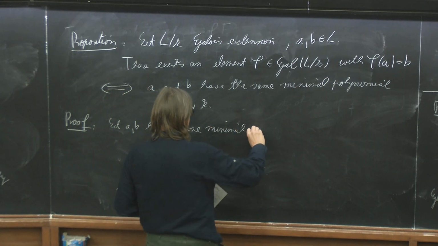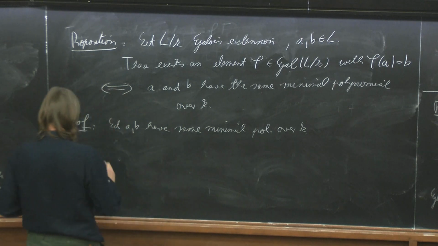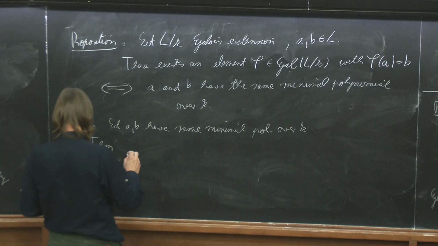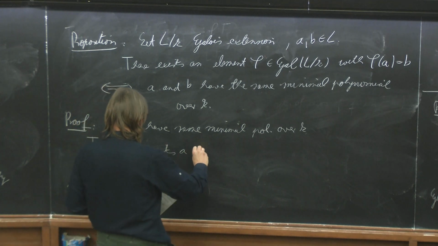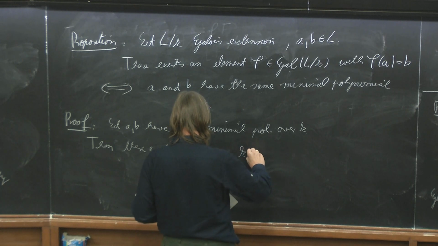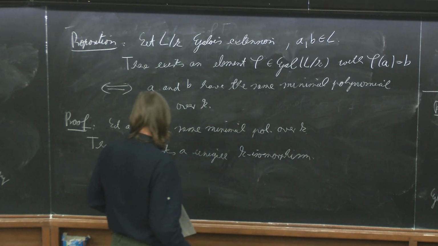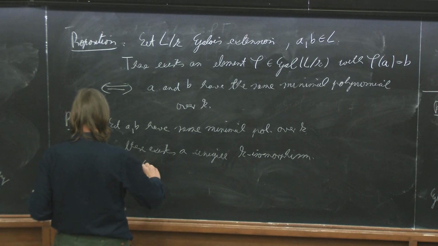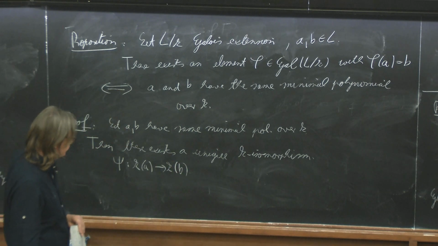Then by the extension of field isomorphisms, there exists a unique isomorphism, say psi, from K(a) to K(b), which sends a to b.